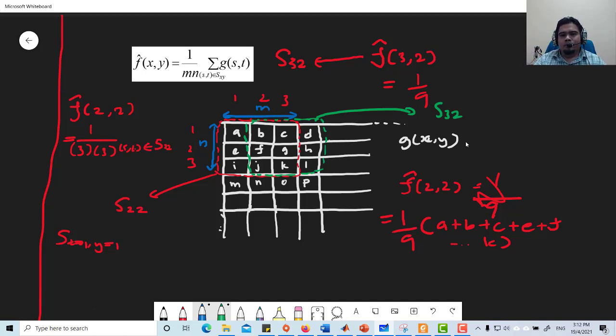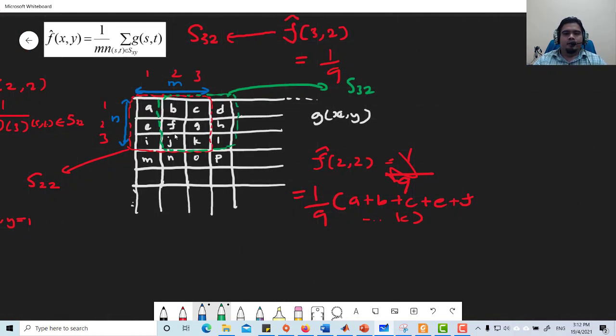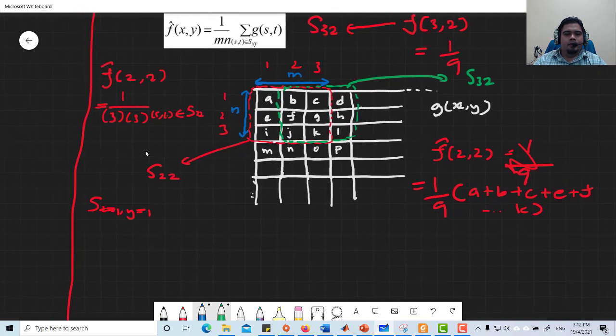So now, how to prove that this is related to the average filter? You can see here, let's focus on this one, S22.